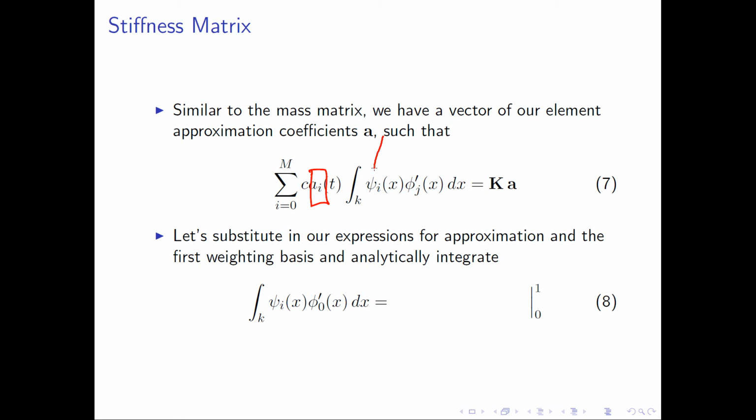So again, we imagine that we have our solution approximation, or solution bases moving in this direction, so that when we multiply by that row vector, we recover the actual solution at each of the row values. And actually, if you notice, this should have a c in the front of it. So let's substitute in our expressions and see what we get out.